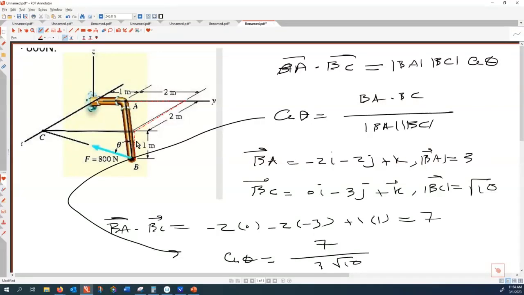To find theta, what we did was we described vector AB, we described BA, we described BC, and then from that formula, you construct the BA BC dot product, put that in the numerator, and the magnitudes multiplied at the denominator. Once you add them, it becomes a scalar. No IJK anymore. Because of the dot product, the outcome is a scalar. It's not a vector.